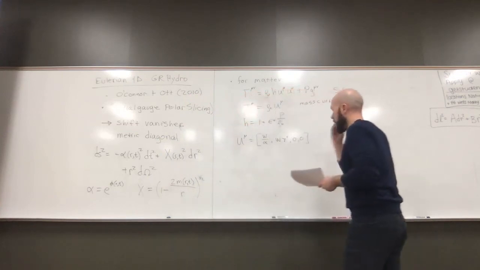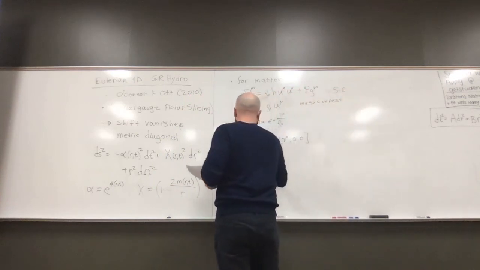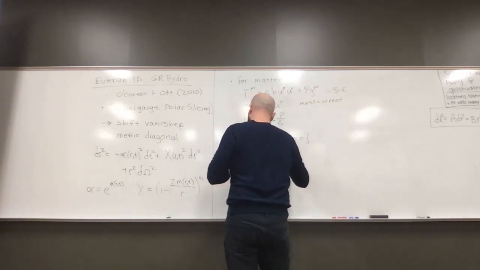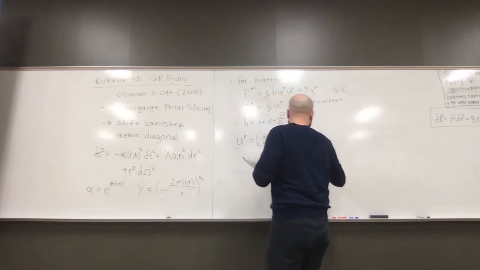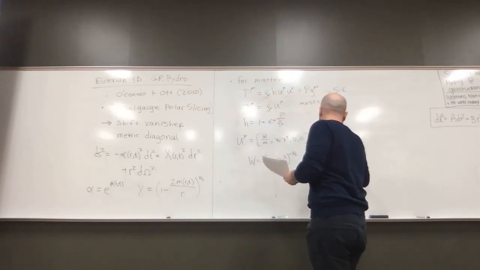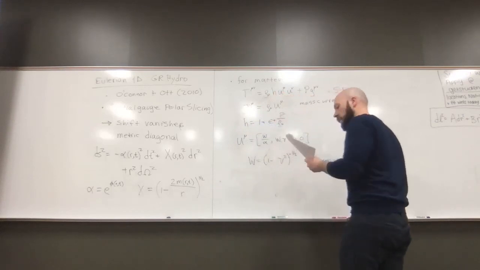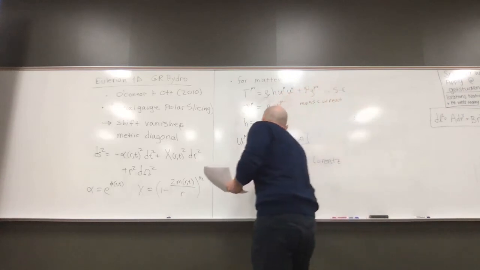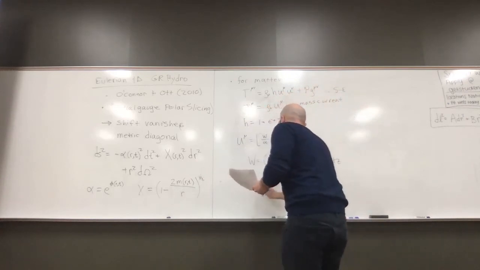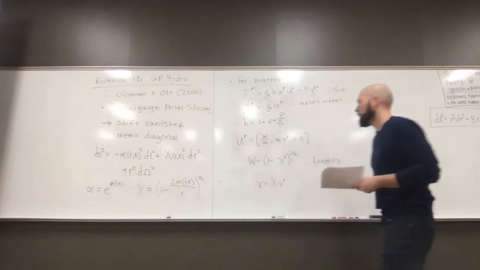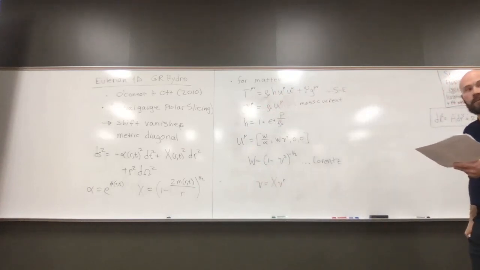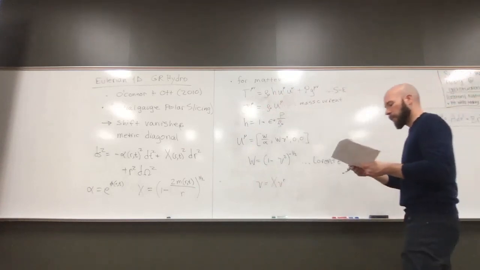And W, of course, is the Lorentz factor, which is 1 minus V squared to the minus 1/2, as usual. And this V, if I'm just writing down V with no components, is X times V^r.